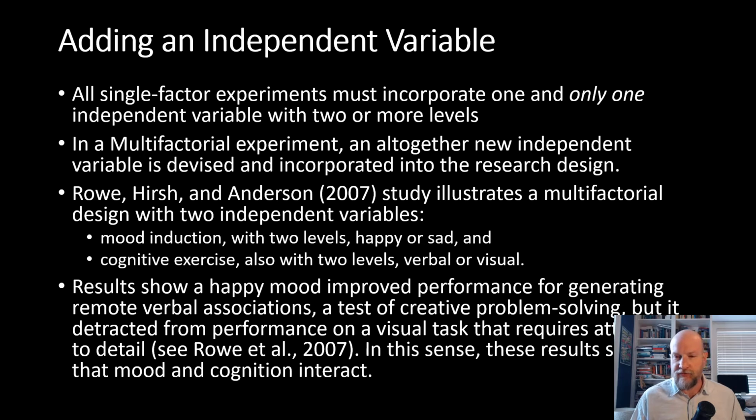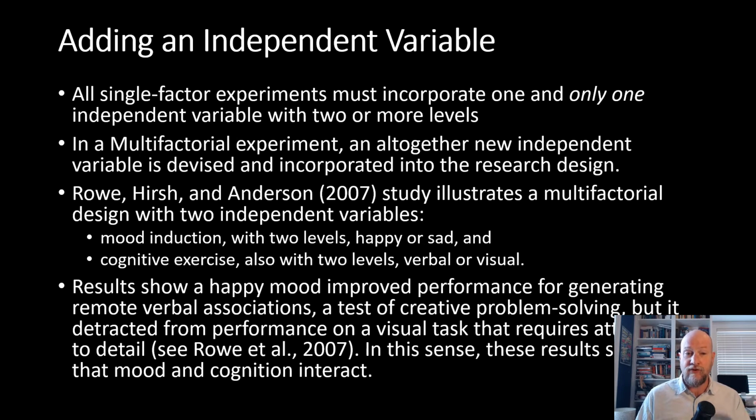There are some examples from your book that I won't get into too much detail, but they talked about Rowe, Hirsch, and Anderson. They did a study in 2007 that looked at mood induction, being able to induce a mood in somebody, versus that happening through two different types of cognitive exercises, verbal or visual. What they found from this interesting design was that a happy mood improved performance for generating remote verbal associations.